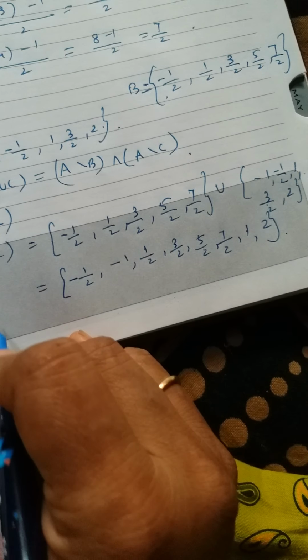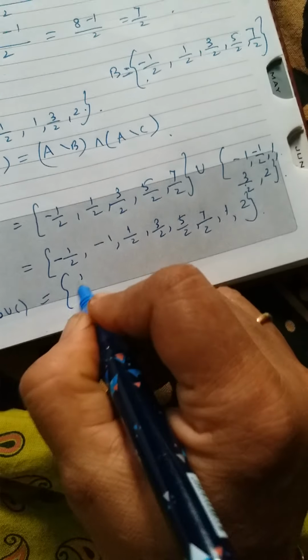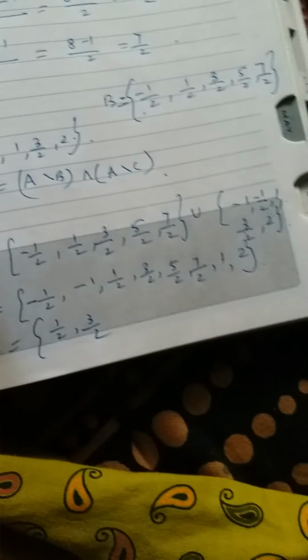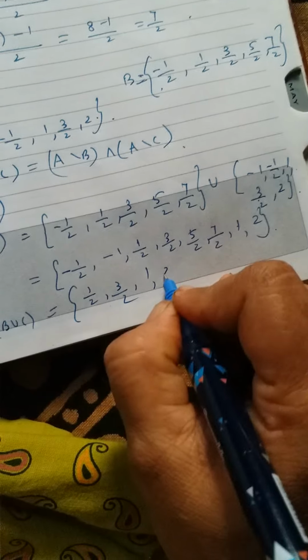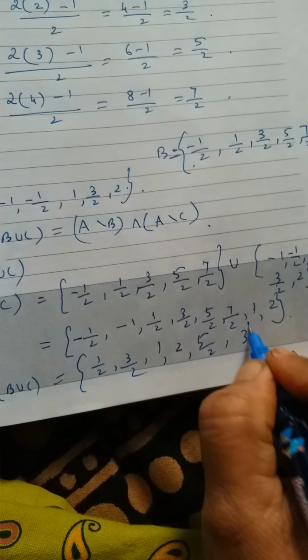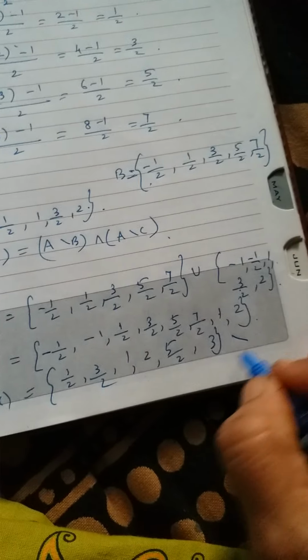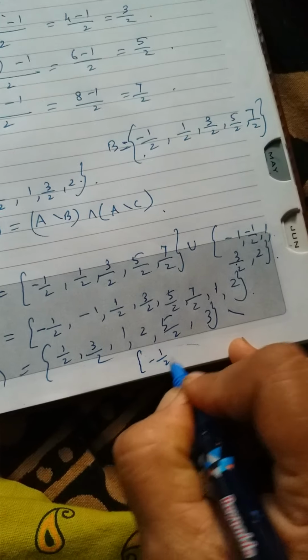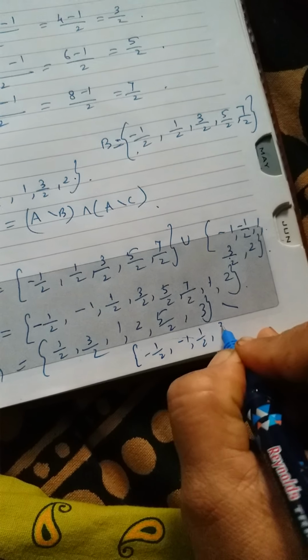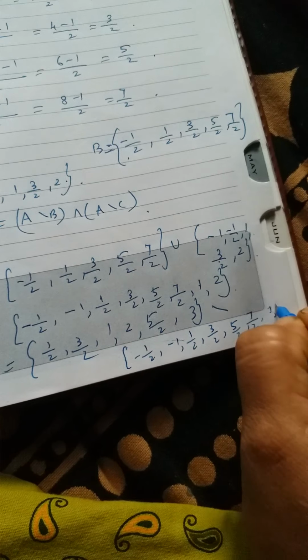Next you have to find out A minus (B union C). Write the values of A: 1 by 2, 3 by 2, 1, 2, 5 by 2, 3, minus what you have found out now: minus 1 by 2, minus 1, 1 by 2, 3 by 2, 5 by 2, 7 by 2, 1, 2.